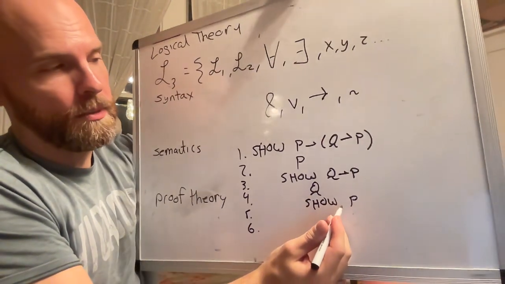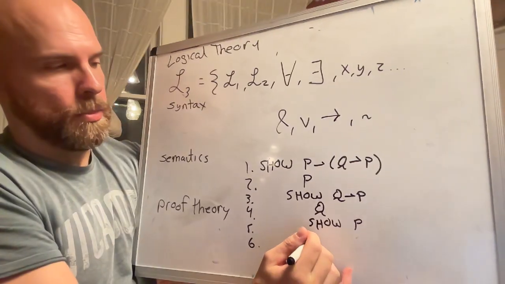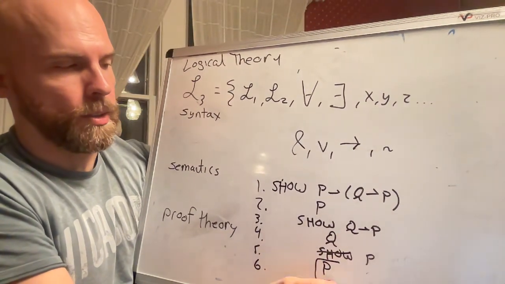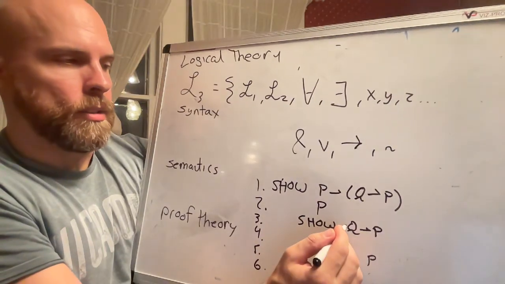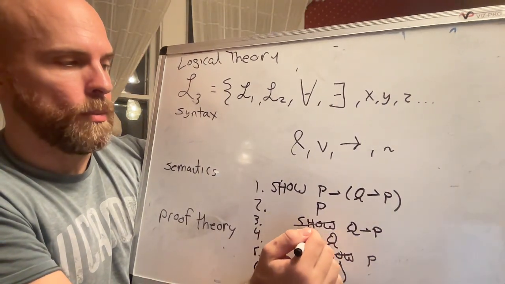We want to show P. Well, it's easy to do. We already did. Since we showed P, we can just repeat that down there. Boom, we're done. We box that up. Now we were trying to show that if we assume Q, we could get P. We did that. So boom, we box that up.